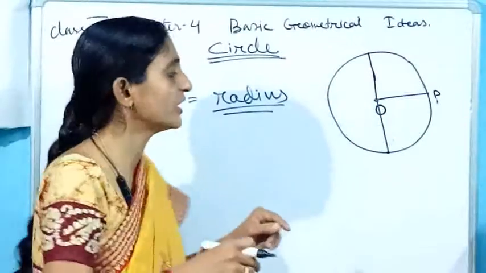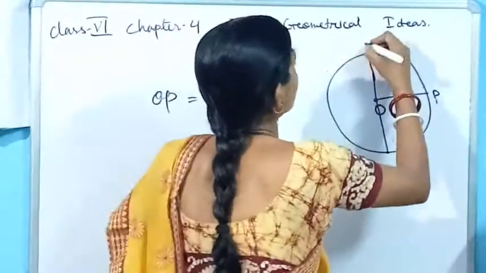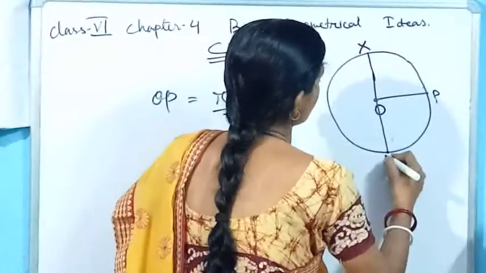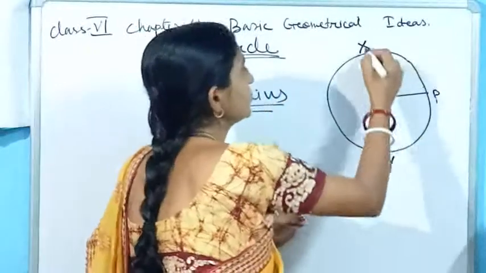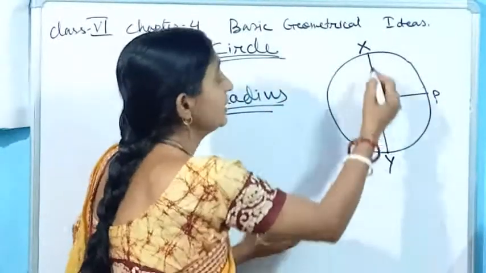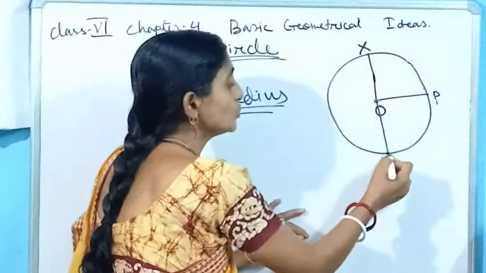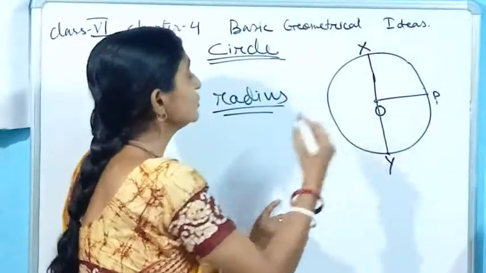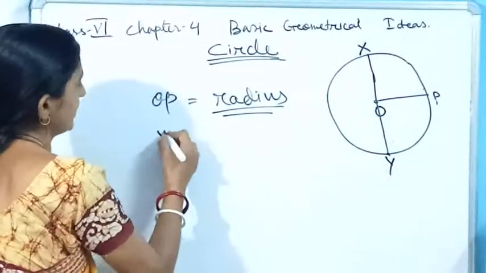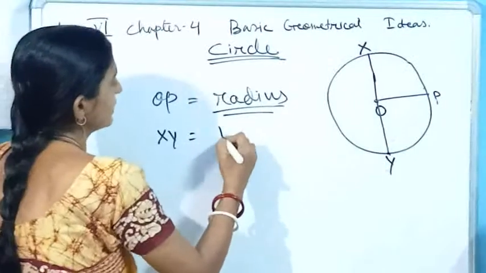What will you call this one? That will be the diameter. Let's name it XY. It has been drawn in a way that passes through the center and touches two different points on the circle. So here I can say XY is the diameter of this circle.